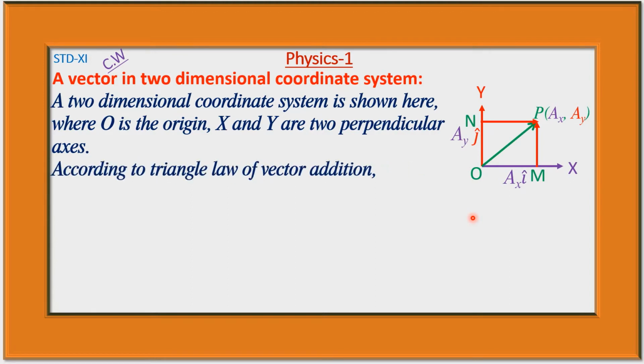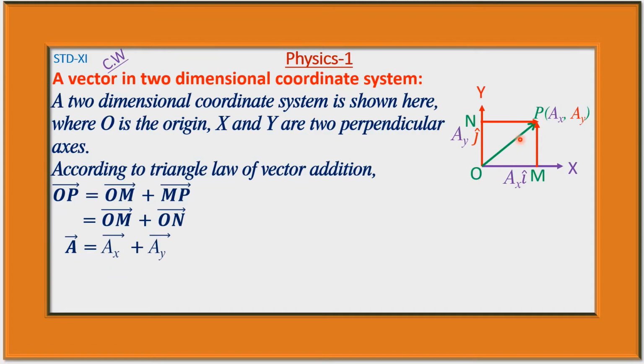According to the triangle law of vector addition, we can write OP is equal to OM plus MP. This is the triangle OMP. So according to the triangle law of vector addition, OP is equal to OM plus MP. That is OM plus ON, because we know MP is equal to ON.